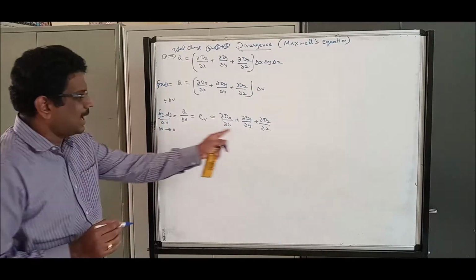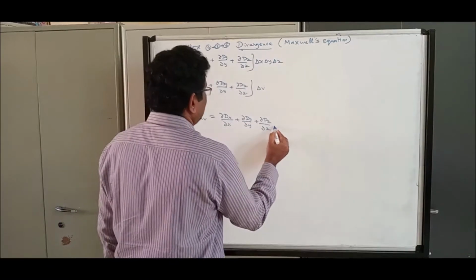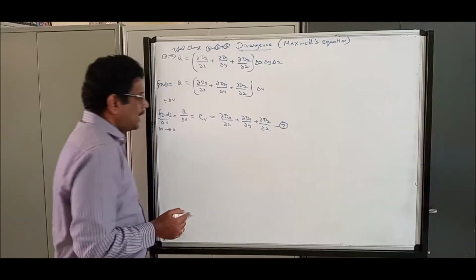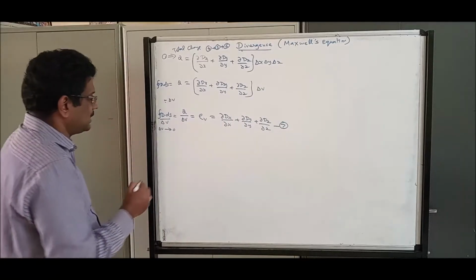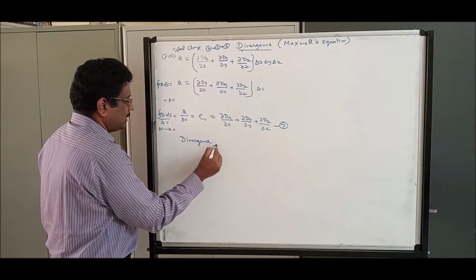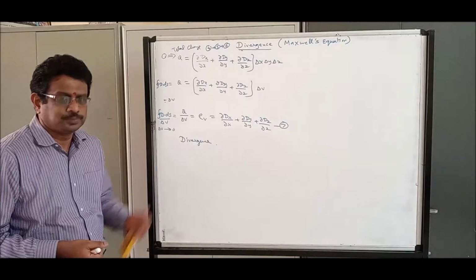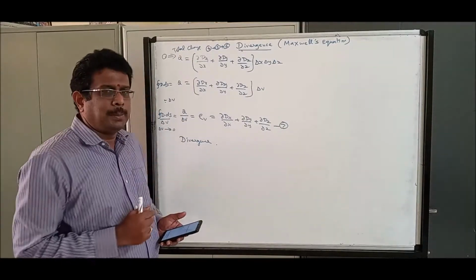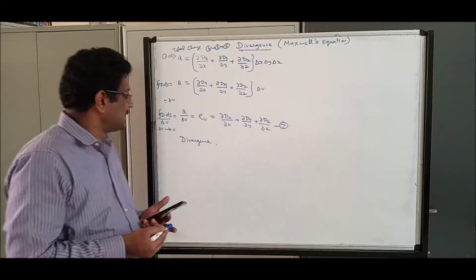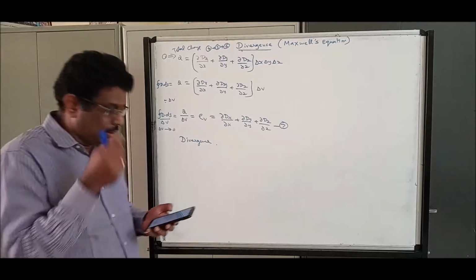So this is a mathematical statement. Let us make it equation 7. I am going to call this concept the divergence. Make a note of this particular point. What is the concept behind equation number 7? It is nothing but the divergence. Make the statement, then we will do the explanation.